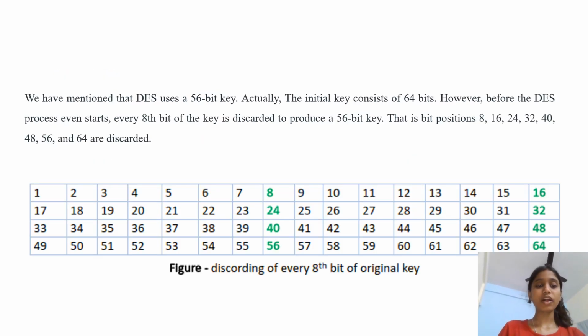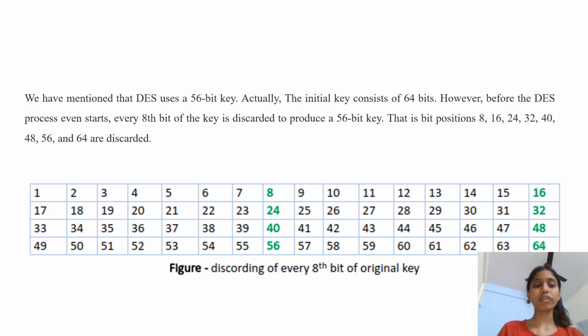We have mentioned that DES uses a 56-bit key. Actually, the initial key consists of 64 bits. However, before the DES process even starts, every 8th bit of the key is discarded to produce a 56-bit key. That is, bit positions 8, 16, 24, 32, 40, 48, 56 and 64 are discarded.